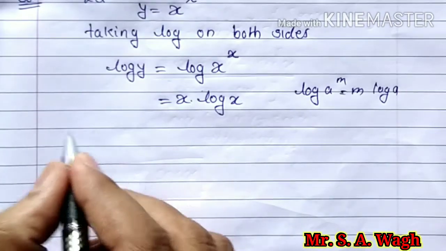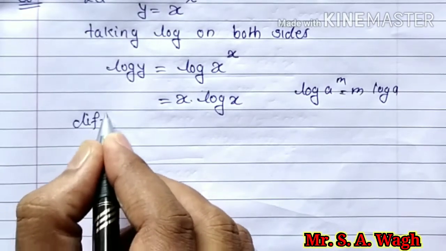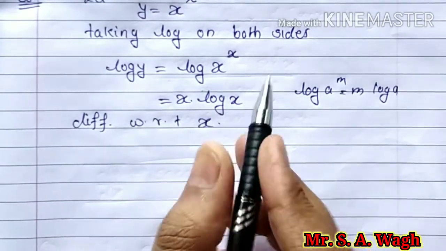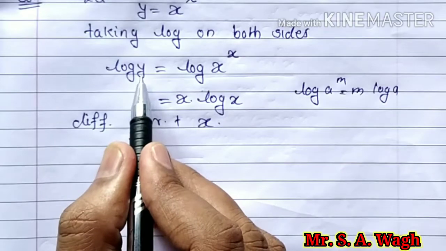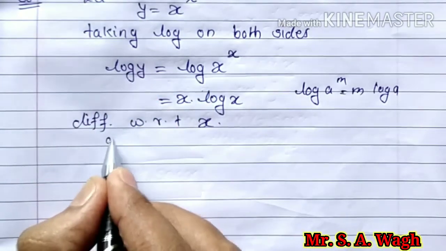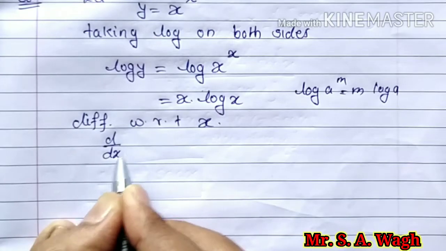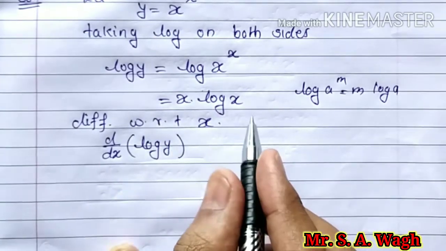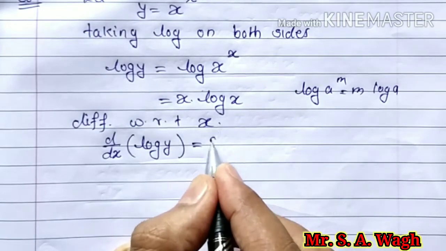Now we differentiate this with respect to x. Since log of y is a function of y and y is a function of x, the derivative of log of y with respect to x can be done with the help of the composite function derivative, that is, the chain rule.